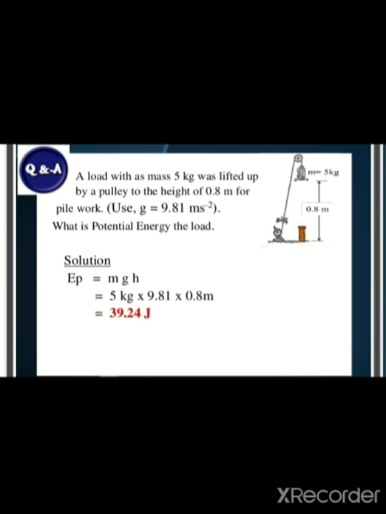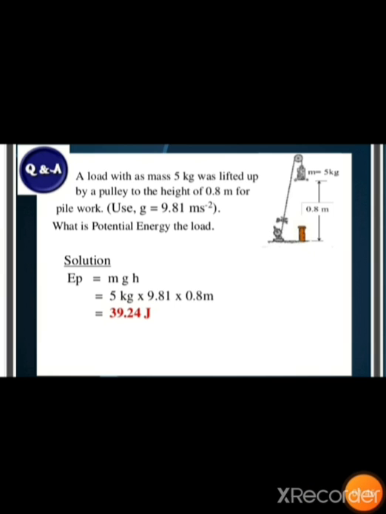Then multiplied by h, that is equal to 0.8 meter. When we multiply all these three numbers, we will get 39.24 joule. This will be our answer. Whatever work is done will be stored in the form of potential energy, and potential energy is equal to 39.24 joule.